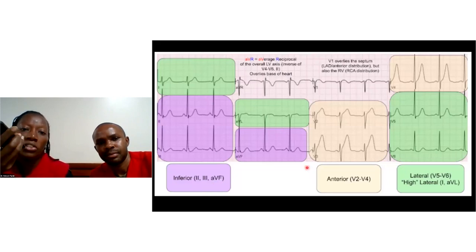Now, if I appreciate any changes on leads V1 and V2, then I know I'm looking at the septal part of the heart. If I see any changes on leads V3, V4, that will be the anterior part of the heart. If I appreciate any changes on leads V5, V6, AVL, and lead 1, then I know I'm looking at the lateral part of the heart.